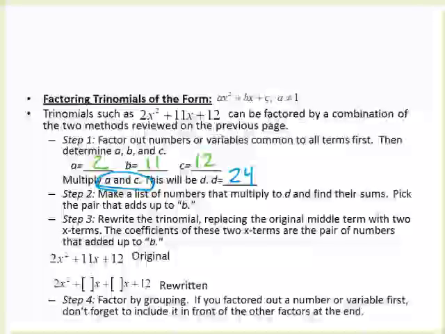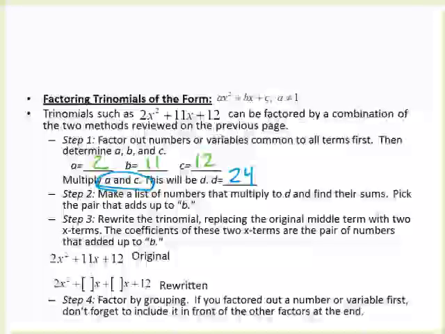And then we're going to look through their sums to find something that adds to be B. This is familiar to that first type of problem that we did, where we're looking for a list that multiplied to be something, that added to be something else. This time, though, we're going to multiply to be the D value instead of the C value. Now, when we did this before, we never had to worry about that because A was always 1. So this still works if A is 1, but then C and D would be exactly the same thing. So this is just a new element to that problem when we have an A value.